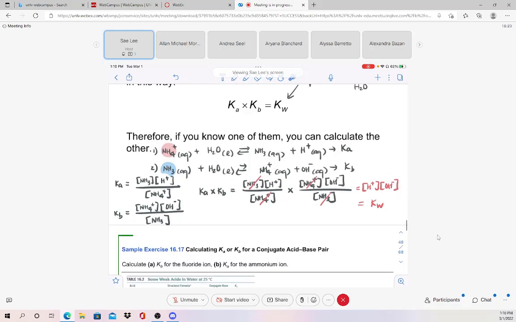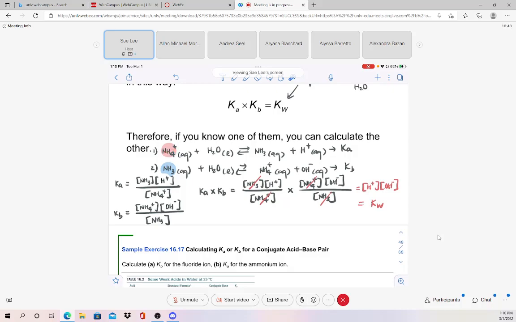So the product of Ka and Kb equals Kw is going to be very beneficial for you to find a known Ka when you know Kb and Kw, or a known Kb when you know Ka and Kw. But this is true and only true for a conjugate acid-base pair.